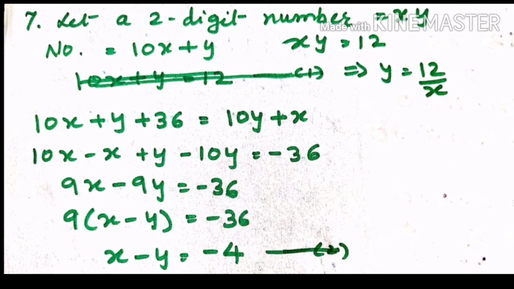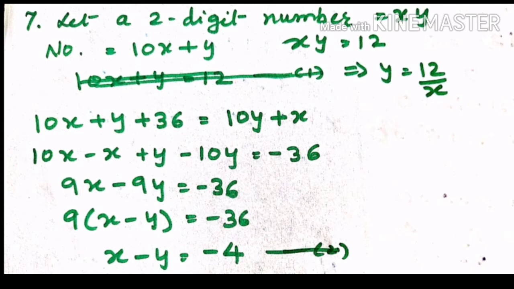So it can be written as 10y plus x on the right side. Now we take the right side to the left side, meaning 10x minus x plus y minus 10y. I wrote like terms together, and 36 I took on the right side, it becomes minus 36.